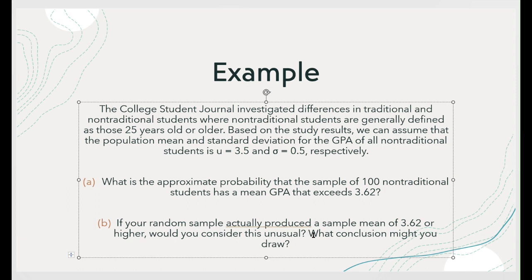And the conclusion we could draw is that either we got extremely unlucky with our sample, so it's a bad sample, or our population parameters may not have been that accurate. So it's two ways of looking at it. And that's about it.